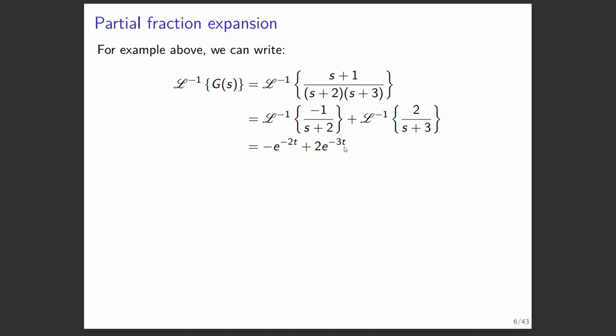Go look at the table and make sure that you know how to take the inverse Laplace transform of a fraction like negative 1 divided by (s+2).